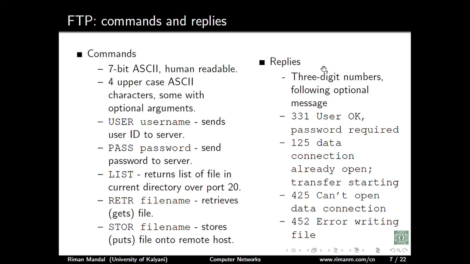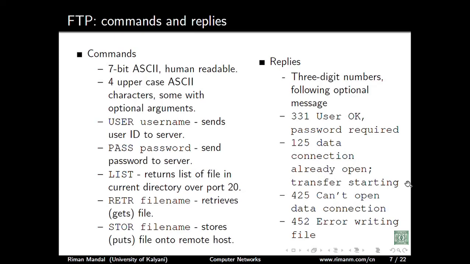And what are the possible replies? These replies are 3-digit numbers followed by an optional message, like we have already seen in HTTP. Here are some examples: 331 is username okay, password required. That means after providing the USER command, we can get this message if the username is correct. 125 is data connection already open, transfer starting.